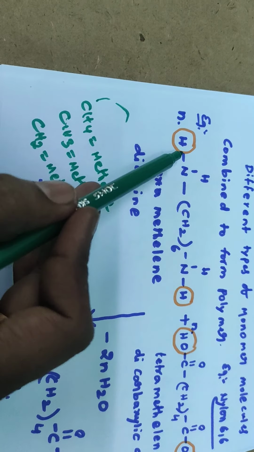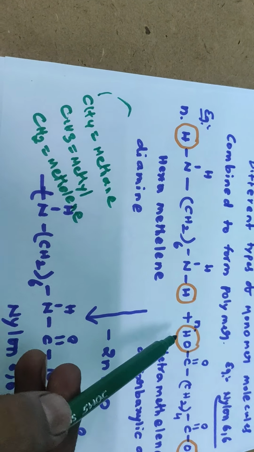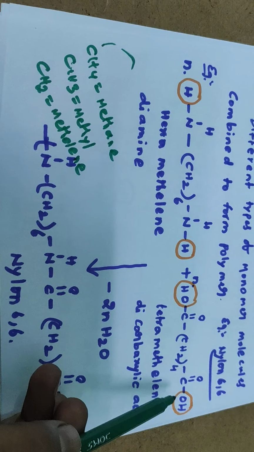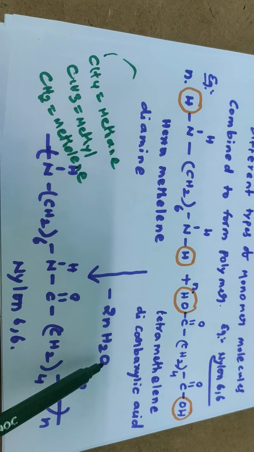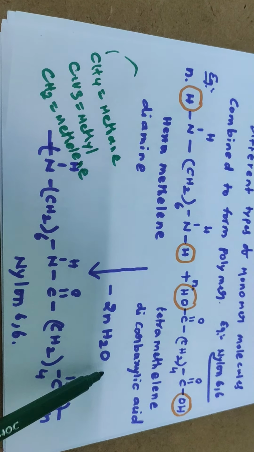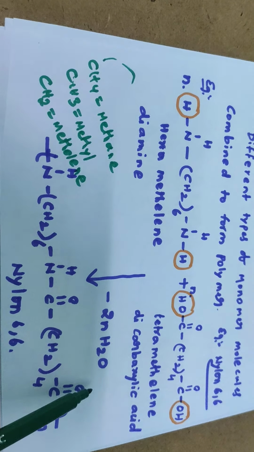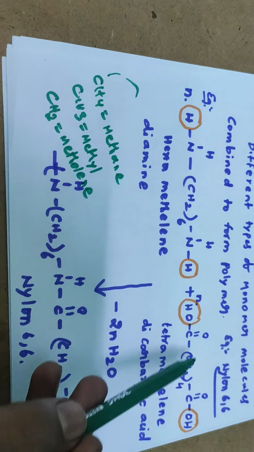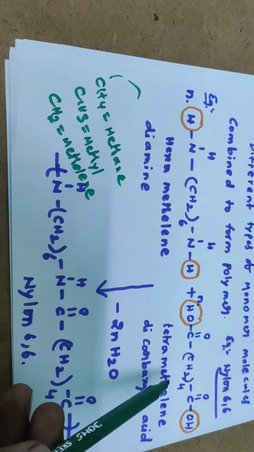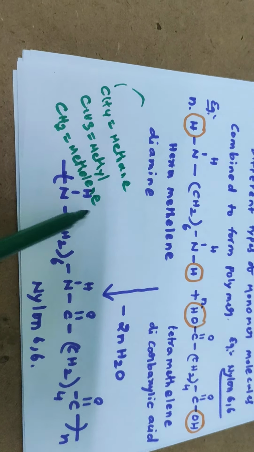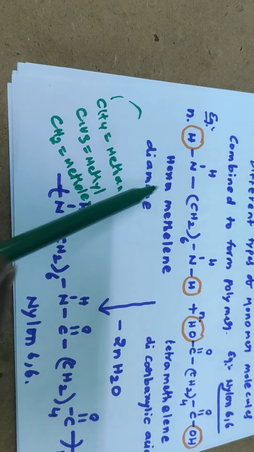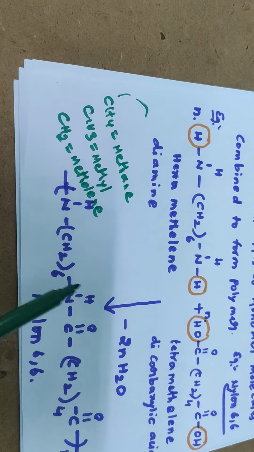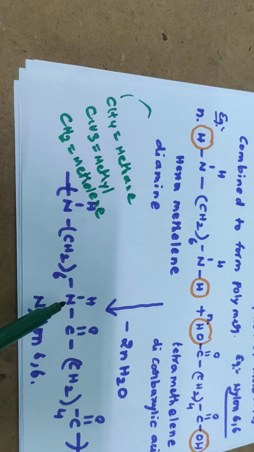See, this hydrogen and this OH combine into one water molecule. This hydrogen and this OH combine into another water molecule. So totally 2 water molecules get eliminated, so 2n H2O. By eliminating these groups, in the remaining molecule the hydrogen is eliminated, remaining NH: CH2 taken 6 times, NH.